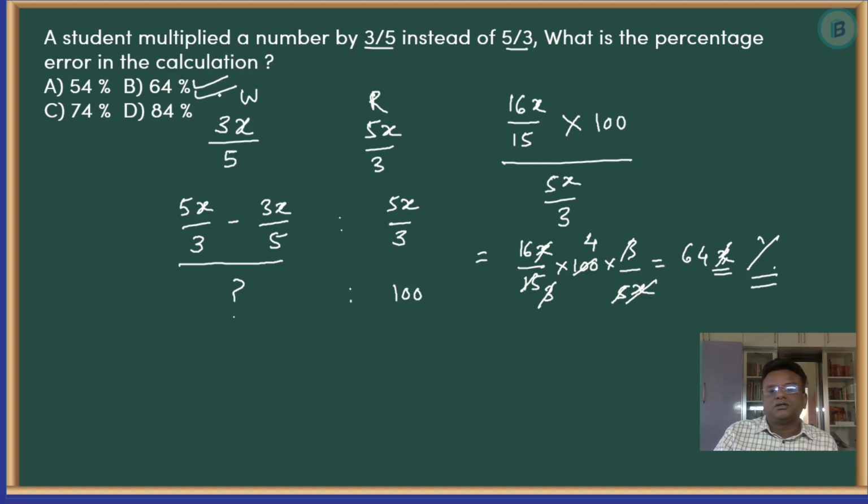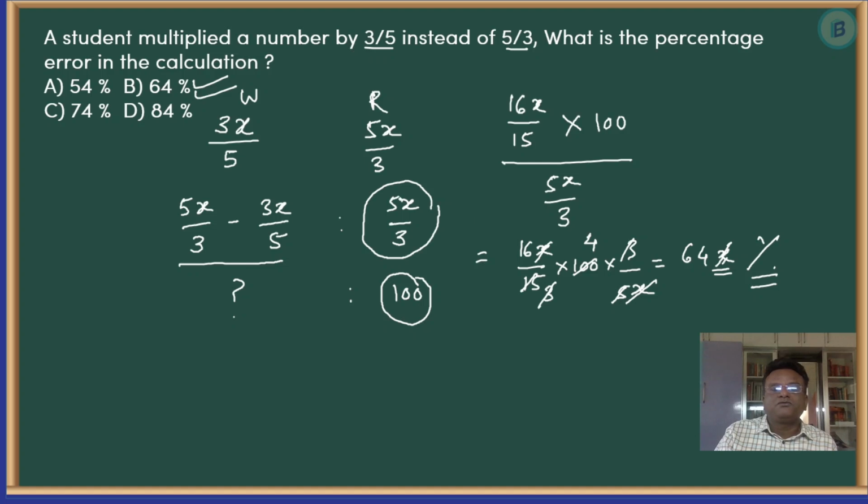So you need to, again, this calculation is not very difficult, but understanding that the error is on the base of the correct value, and then how to find the percentage of that, is very important. Error is always as compared to the correct answer, never as compared to the wrong answer.